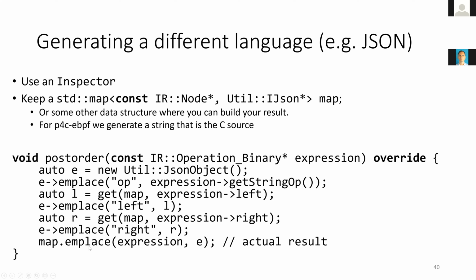And then, in the map, we set the object corresponding to the expression to be this new object that we have built, E. So this is a typical pattern that you could use. But you can really build any data structure you want by crawling the visitor tree, the IR tree.